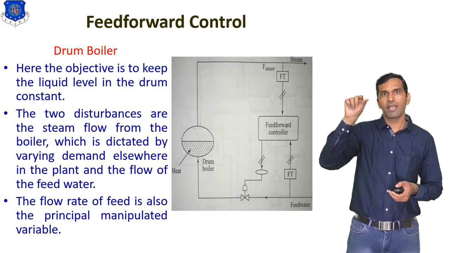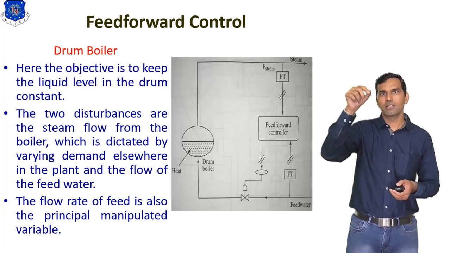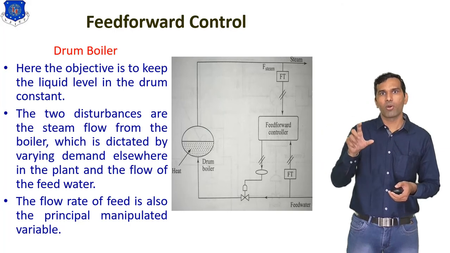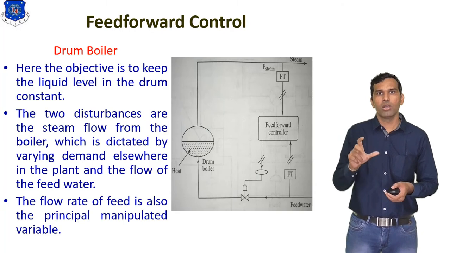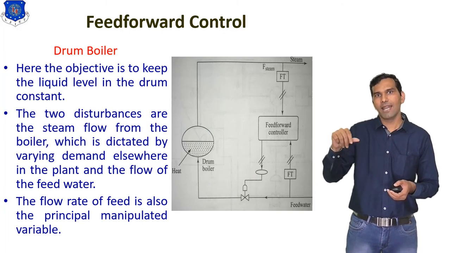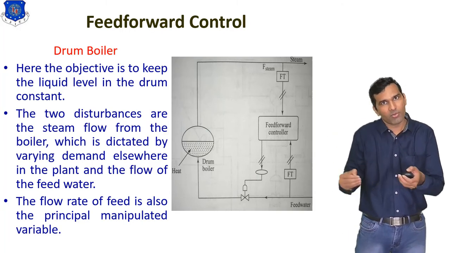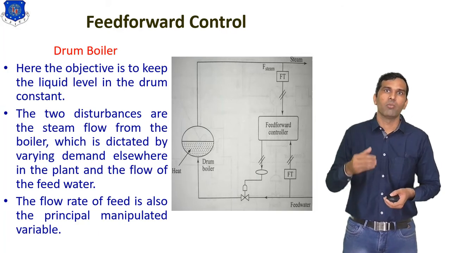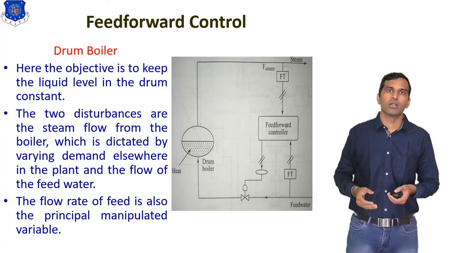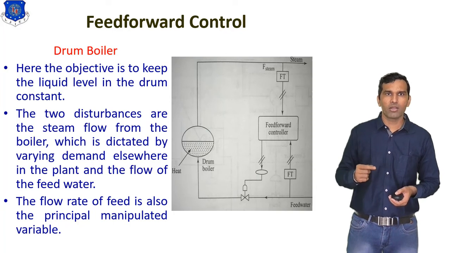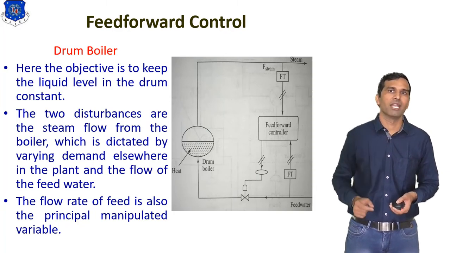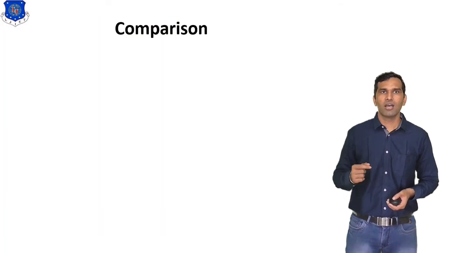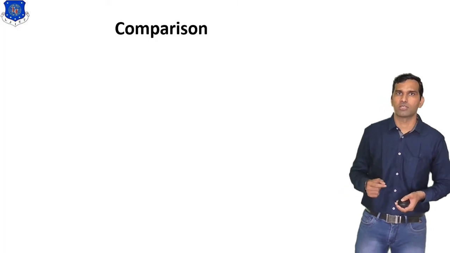It is measured by using the FT and is given to the feed-forward control. According to that, we control the flow of the inlet water. That means we control the feed water flow by using this controller. The flow rate of the feed is also the principal manipulated variable. So this is the drum boiler control system by using the feed-forward control system.